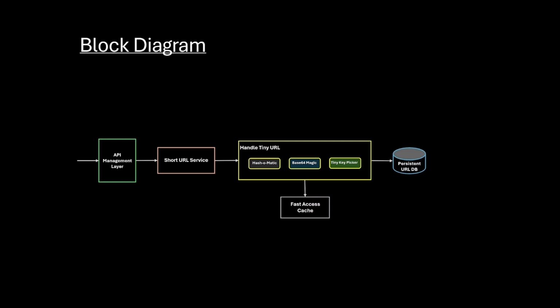Going forward, we'll have a very interesting discussion on how to replace these block diagrams or components with actual Azure services, how these services interact with each other, complete the flow of the tinyurl service, and then finally implement this tiny URL service on Azure. So stay tuned and watch this video till end. Thank you so much.